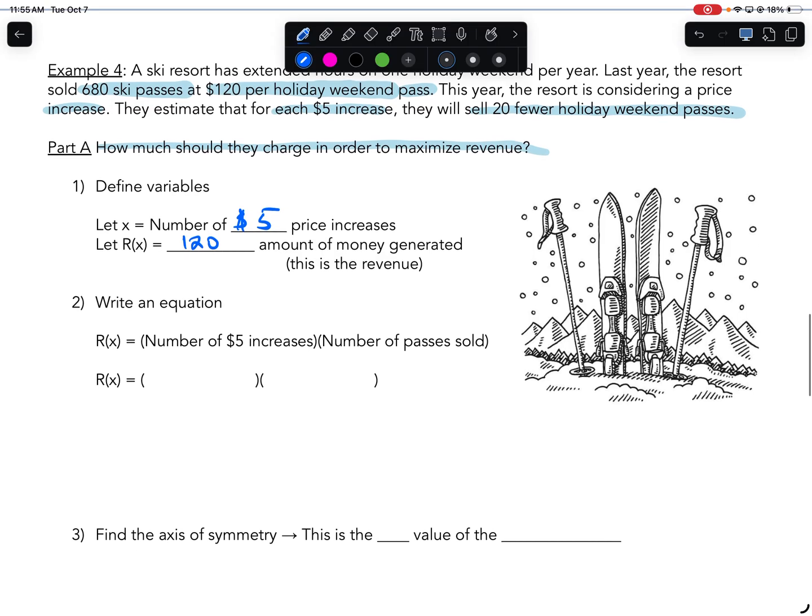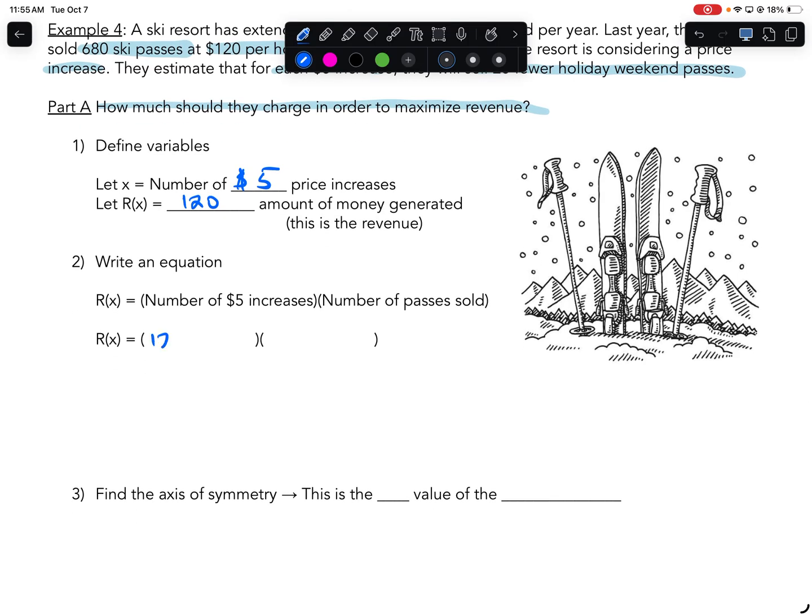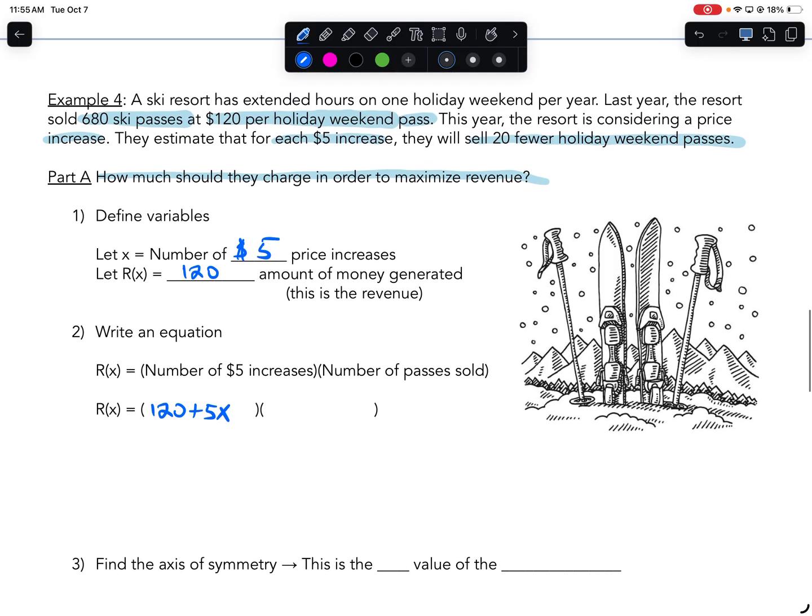Now we're going to write the equation. So if I have 120 plus 5x, what's the other one come from? 680 minus 20 what? 20x. Okay. Because there are 20 fewer holiday passes, right?